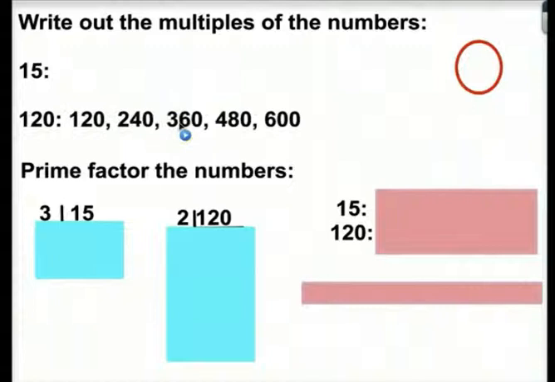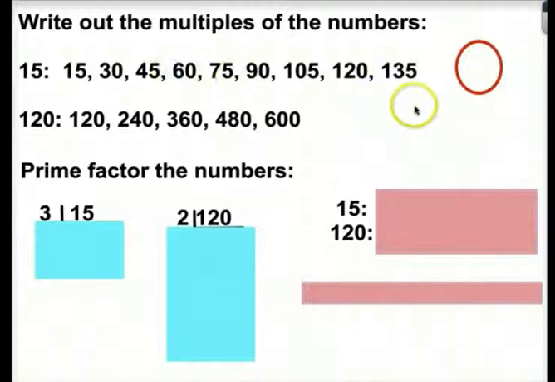So, for 120, and again, this is the same thing as multiplying by 12 and then add a 0. 120, 240, 360, 480, 600. Writing out the multiples of 15, well, I've got 15, 30, 45, 60, 75, nothing yet. 90, look at here, 120.